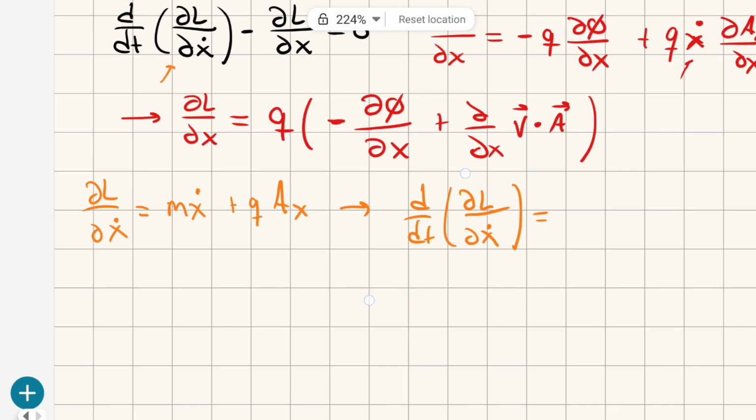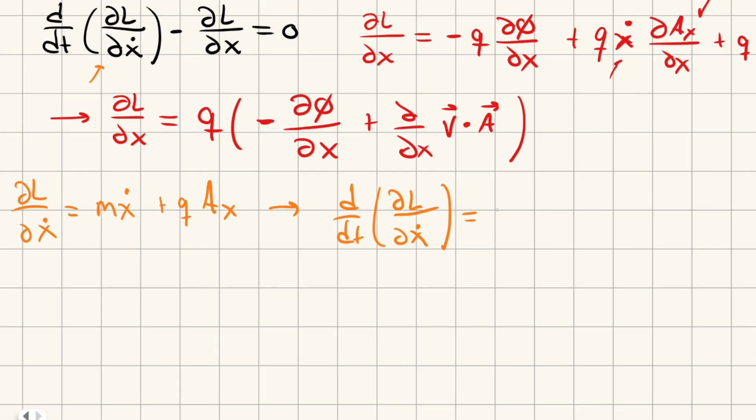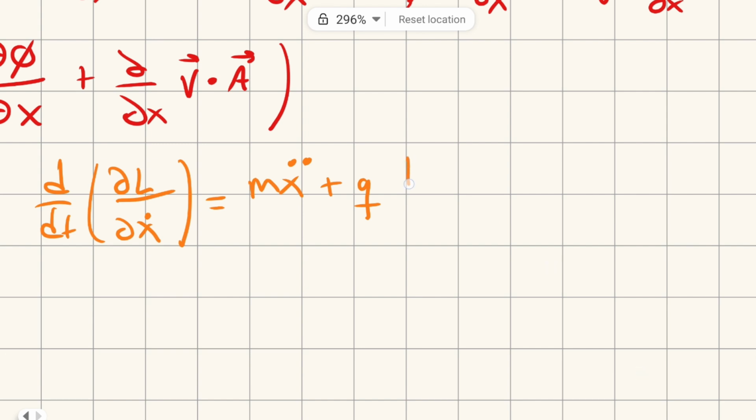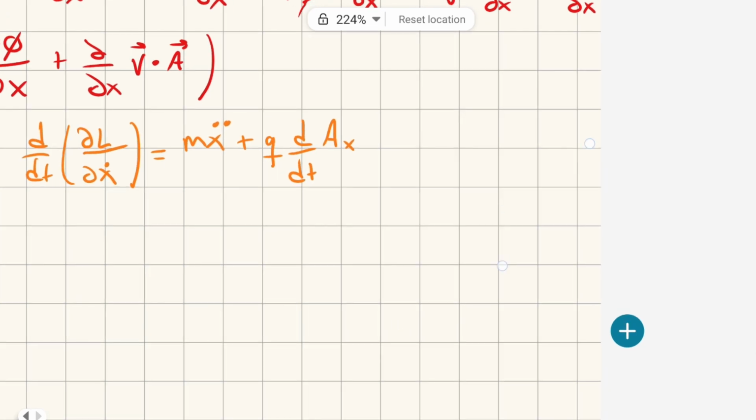Here we will get mx double dot, plus q, which is a constant, and then the derivative with respect to time of ax. So here is going to happen something interesting.